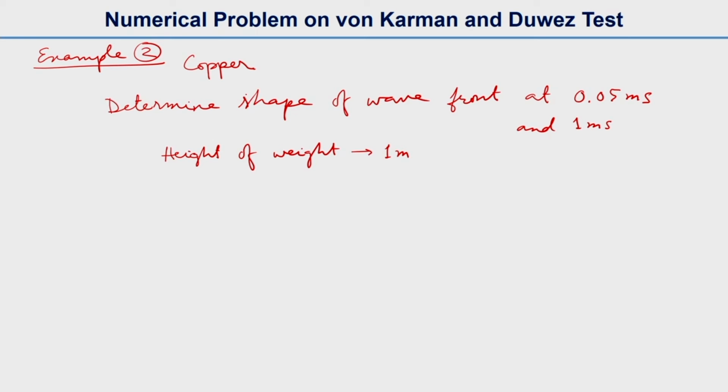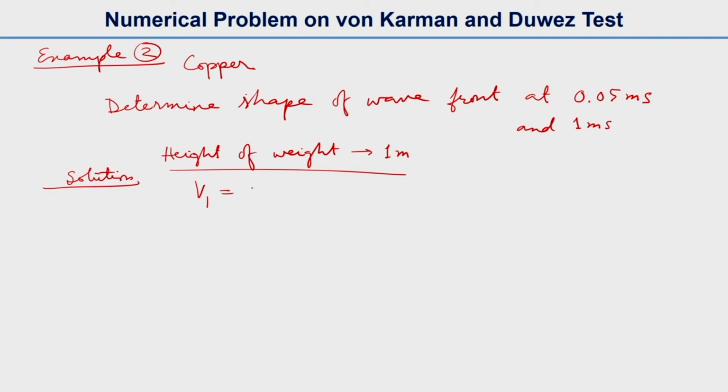That means the weight will fall 1 meter and then it will hit the lowermost end of the wire. So we need to first calculate the impact velocity, which we can easily find from this height of the weight where we kept it first. That is nothing but V1. So this is the solution, we are starting from here.